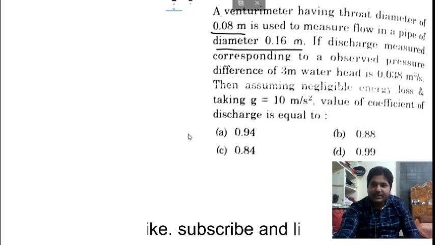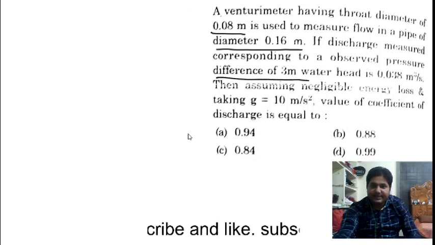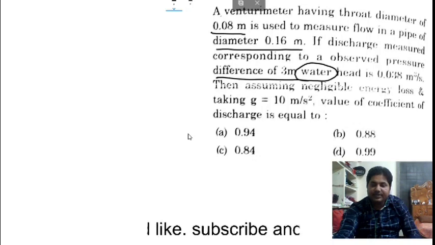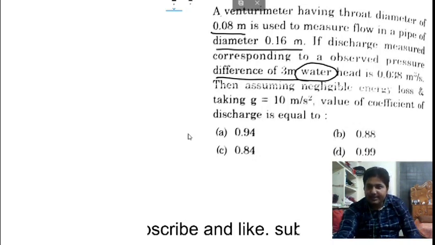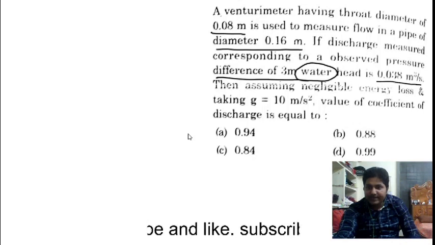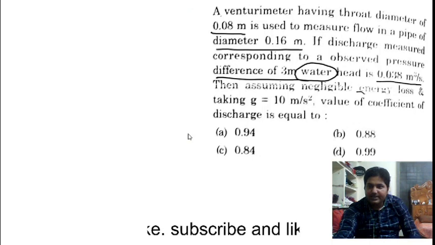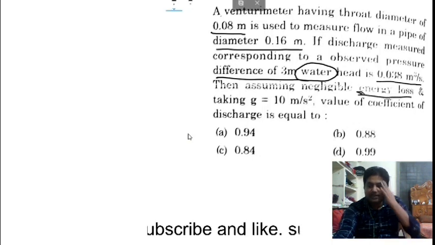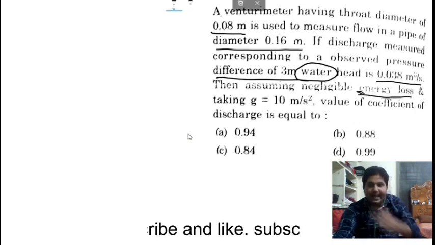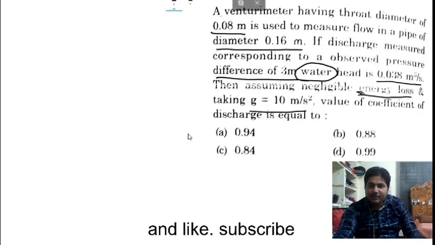The discharge corresponds to an observed pressure difference of 3 meters of water, that is, delta h is already given in terms of fluid head, and the discharge is 0.038 meter cube per second. Assume negligible energy loss, meaning ideal flow, and taking g as 10 meter per second square, we have to find the coefficient of discharge, CD.